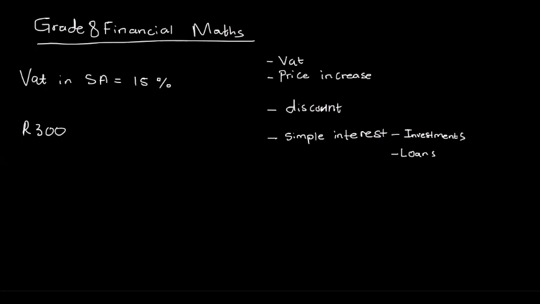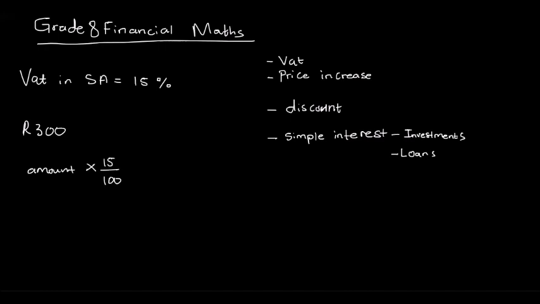So you take the amount, and that amount you will multiply by 15 over 100, right? And that will give you the VAT amount. Okay, how much amount goes to tax.